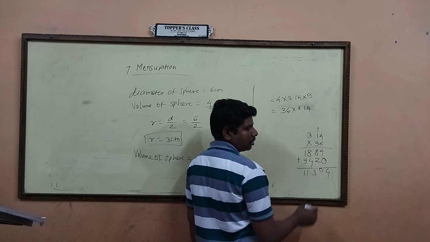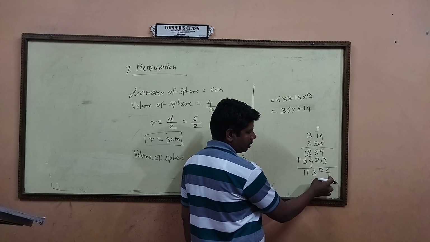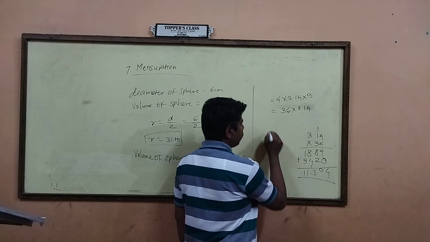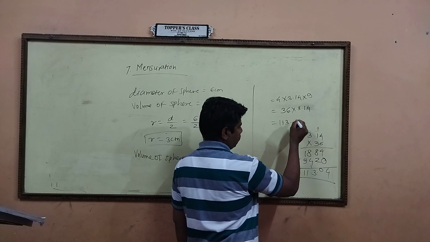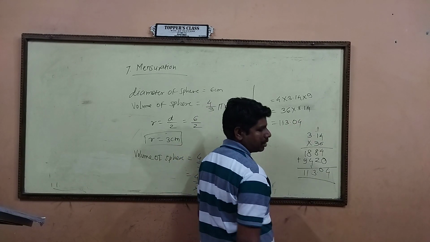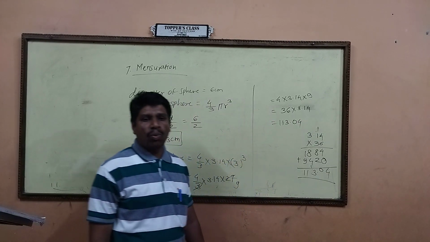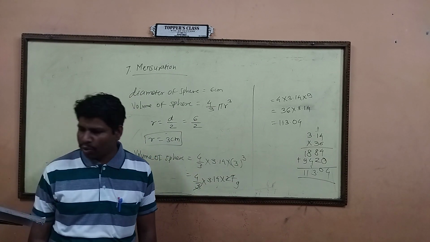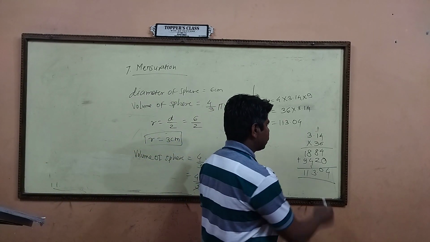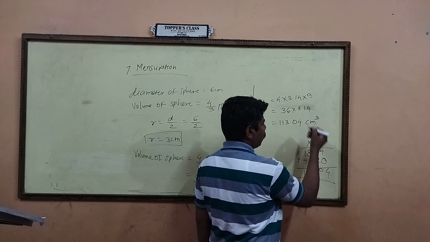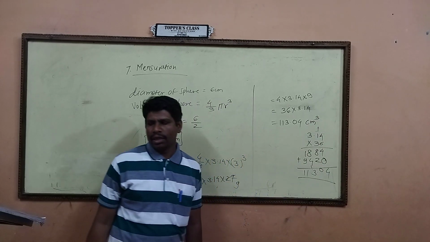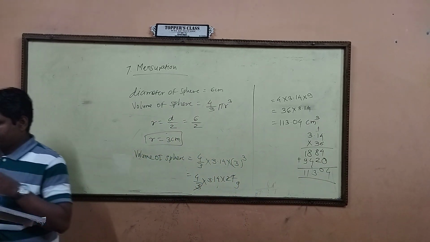After the decimal point there are 2 digits, so from the right-hand side after 2 digits we get 113.04. The volume is given in cubic centimeter; that is the unit we have to give for volume. So like this you can solve it.